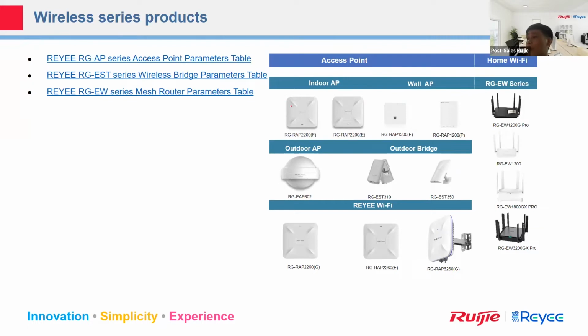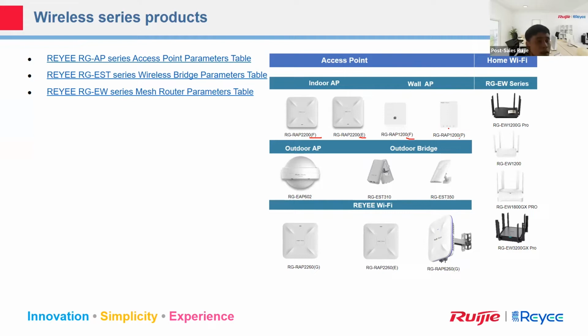For Wi-Fi 5, we have 4 models. RAP2200F, F meaning fast Ethernet, and RAP220E, this is gigabit Ethernet. This is the indoor access point. RAP120F, this one is also fast Ethernet, and another model, RAP1200P.